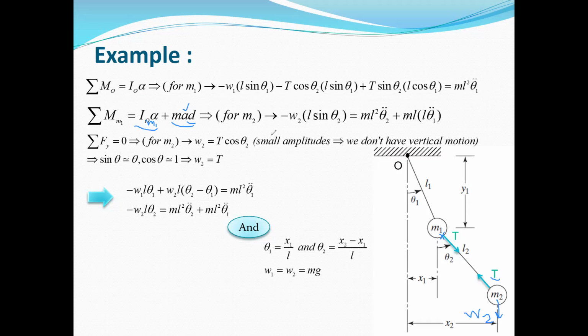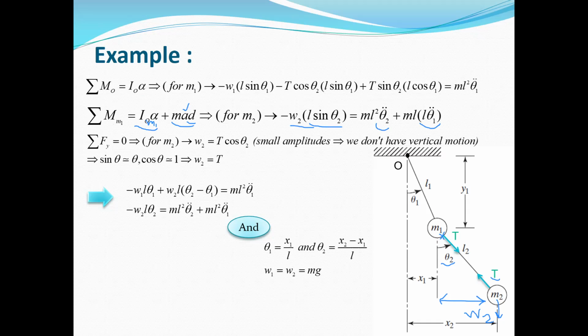When calculating the moment about M1, the arm is L2 times sine theta 2, so W2 times L sine theta 2 must be equal to IM1 alpha, where alpha for this case is theta 2 double dot, plus m times L times L theta 1 double dot, which is the linear acceleration.